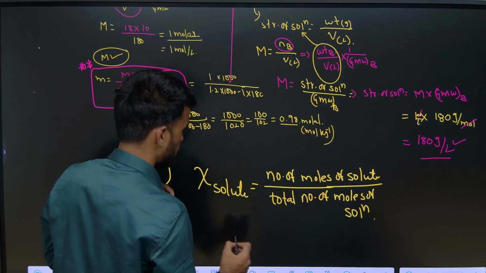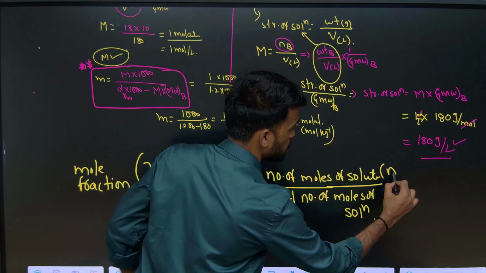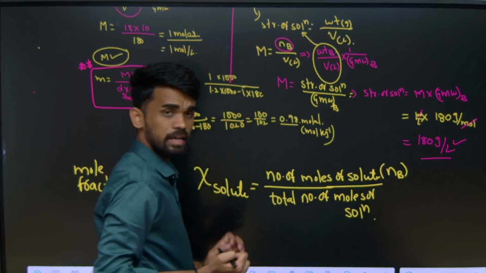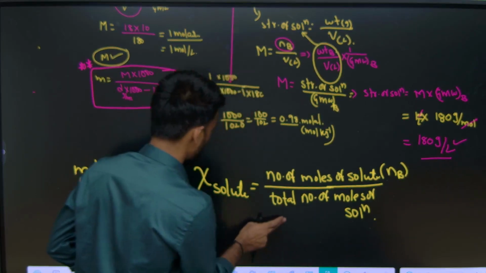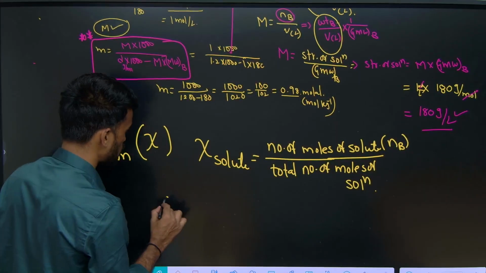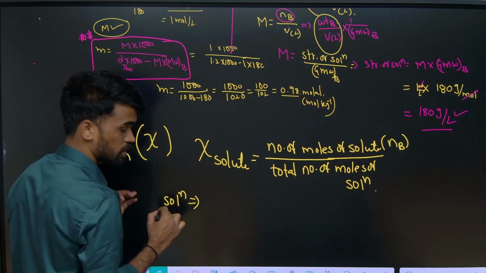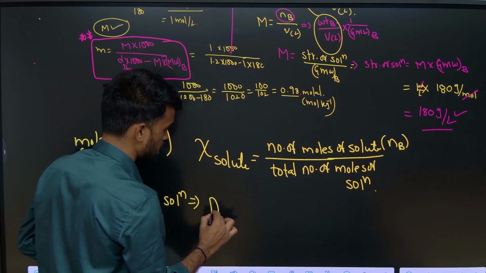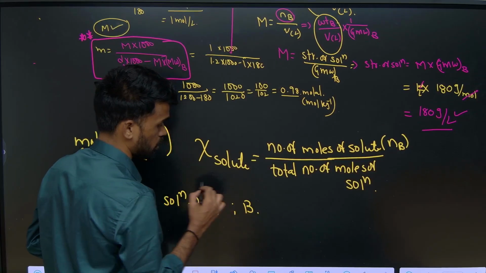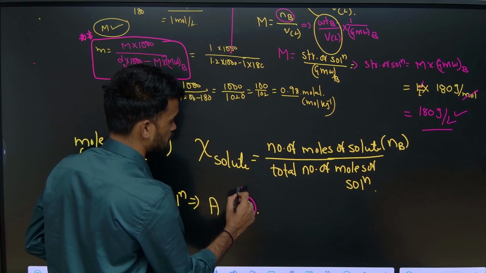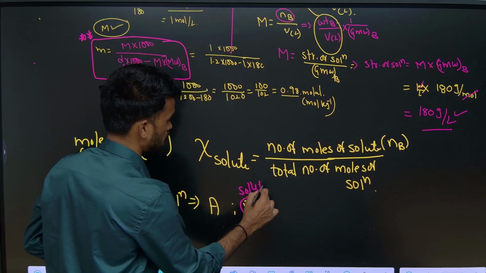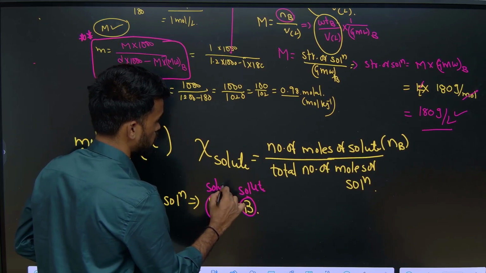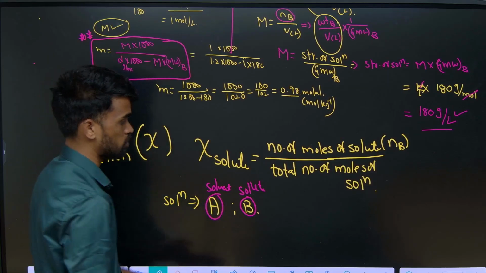We can represent number of moles as NB for solute and NA for solvent. For example, for a binary solution, the solution is made up of two components. Let us say A is one component and B is another, where B is considered the solute and A the solvent. So how can I express mole fraction of solute?